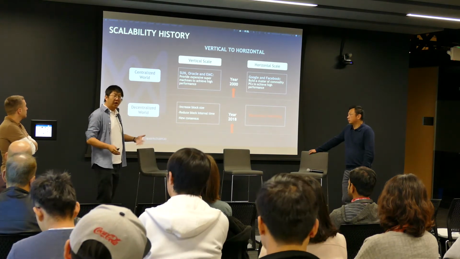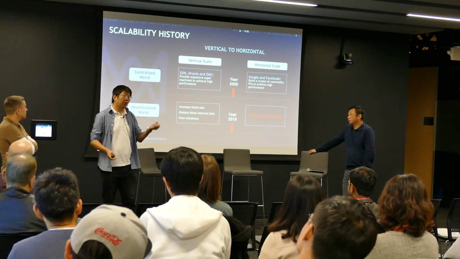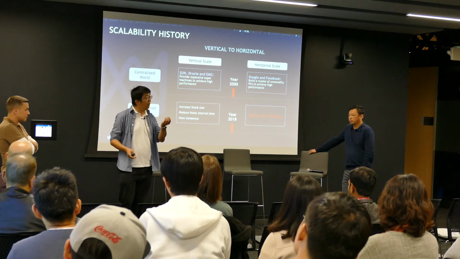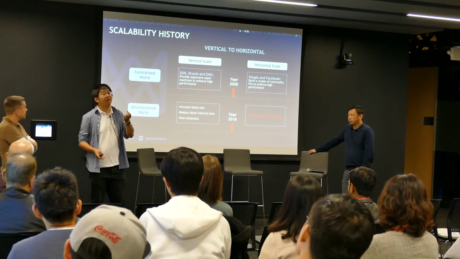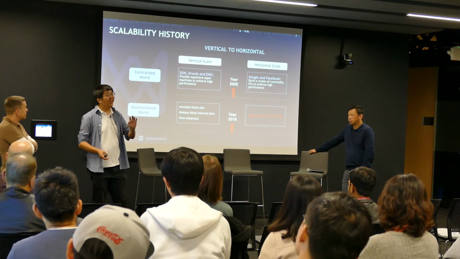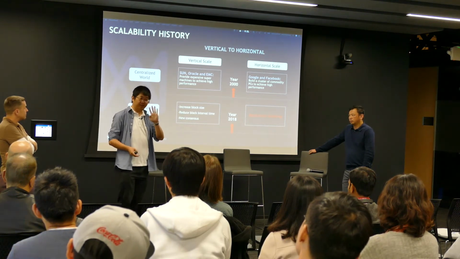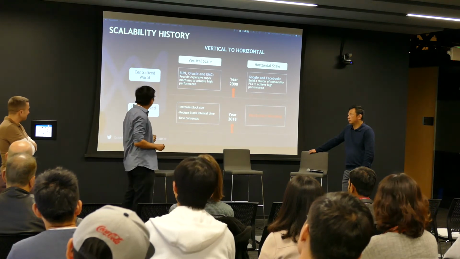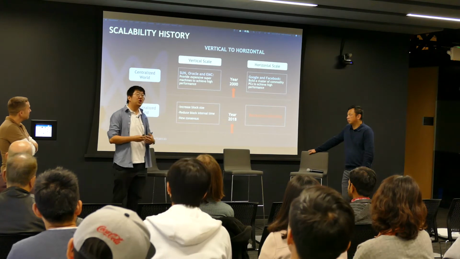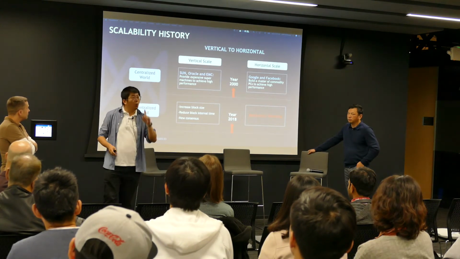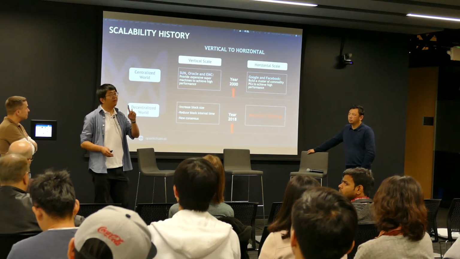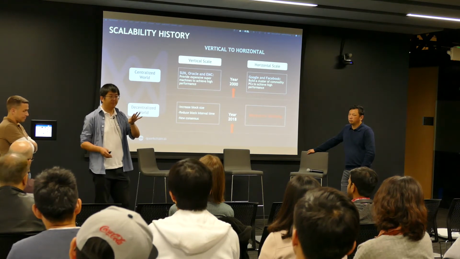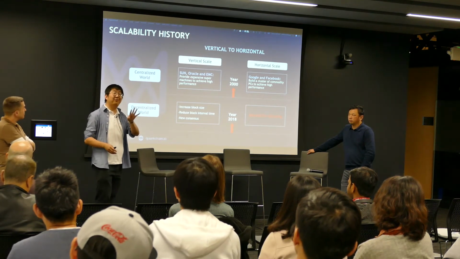For example, Litecoin decreased the Bitcoin block interval from 10 minutes to 2.5 minutes, so they can claim a 4 times performance improvement. Pretty simple, a one-line change. And Bitcoin Cash increased the block size from 1 megabyte to, I think, 32 megabytes right now, so they can claim a 32 times performance improvement.